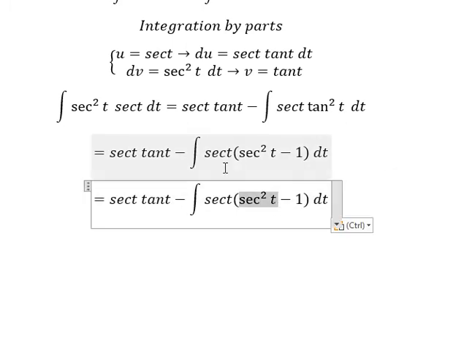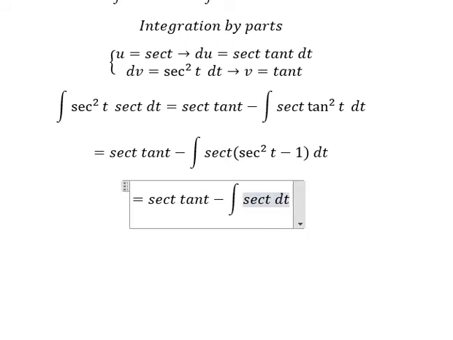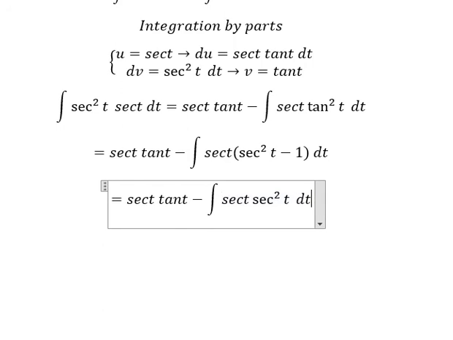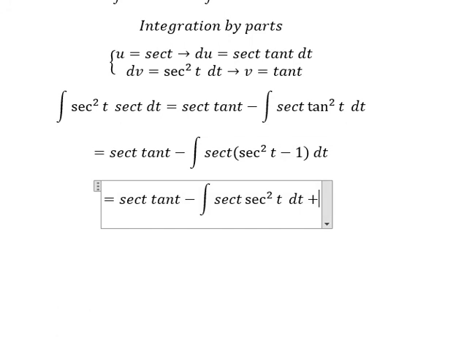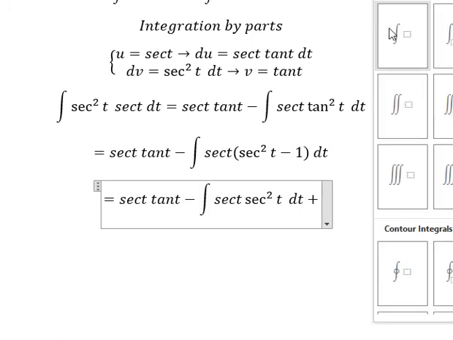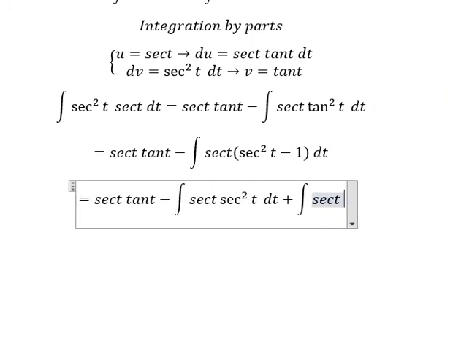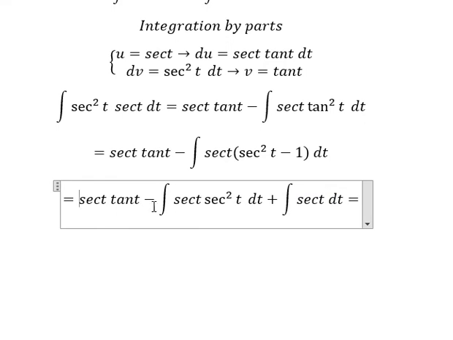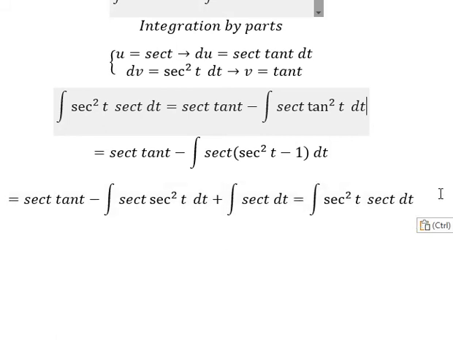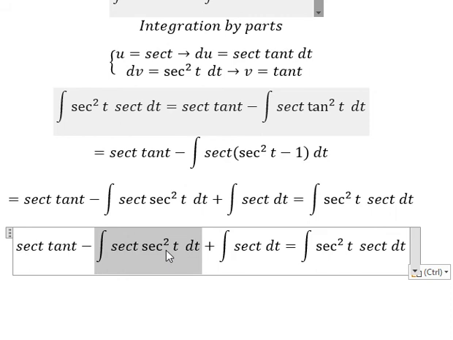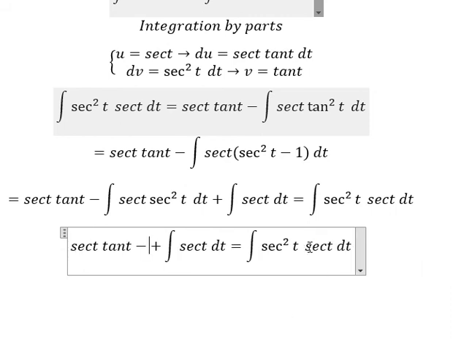So we have this one multiplied by secant of t and negative number 1 with secant of t. Because negative and negative we have positive. And we know that this one equals to this one. And now I will put this one to the right.